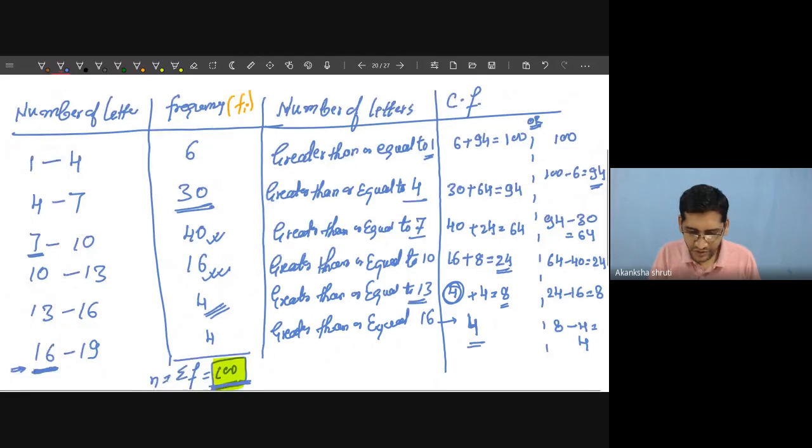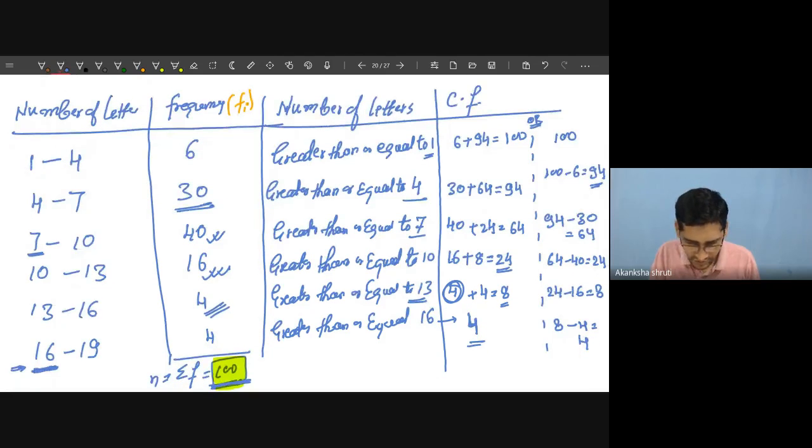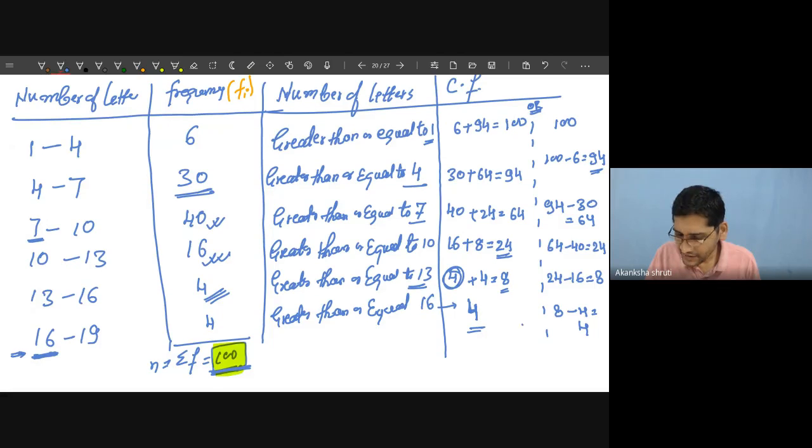But I always advise for the greater than or equal type, you always start from the bottom, you will get the correct result without any confusion. Or even if you are starting from the top, then take the total frequency and start subtracting the individual frequencies to get the next one.